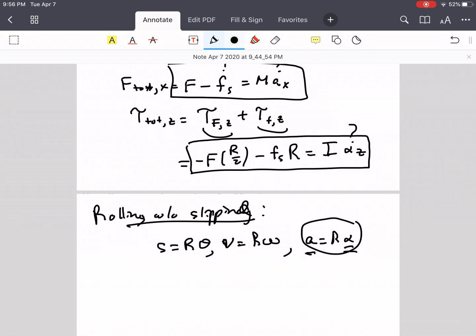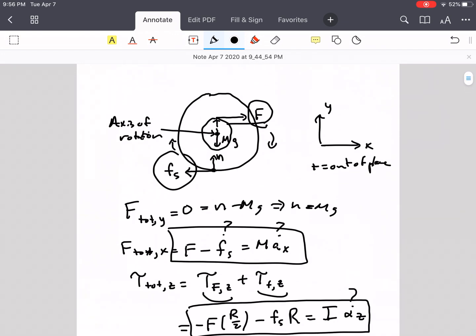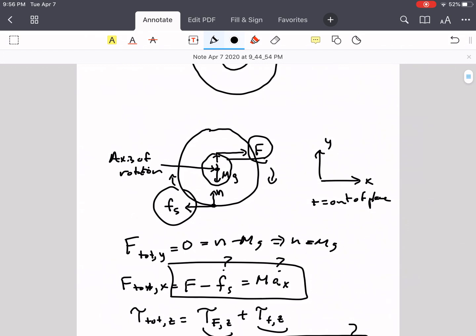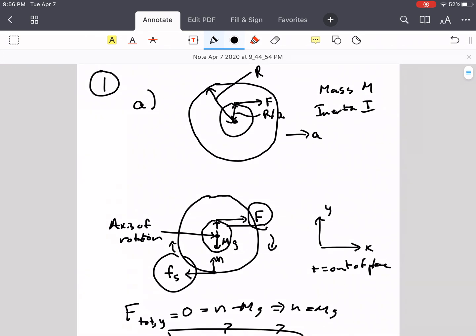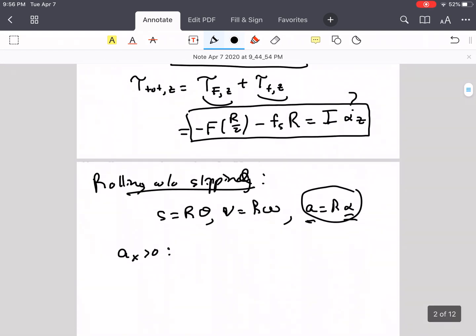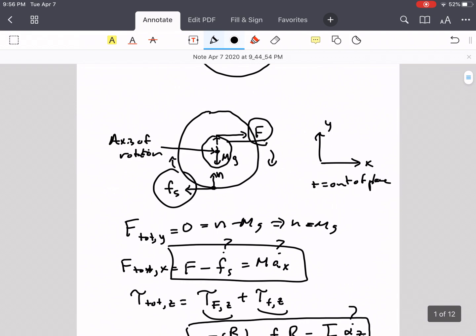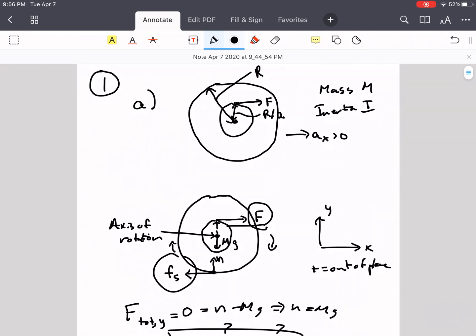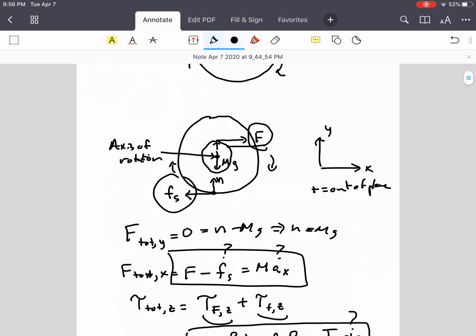So here, what I want to consider is, for example, if Ax is positive, as we expect it to be here, so if it starts to accelerate to the right, will that cause clockwise or counterclockwise rotation? Counterclockwise, sorry, just saving some time. So as you see here, if it starts to move to the right, that's going to rotate clockwise, exactly like what our forces were doing.